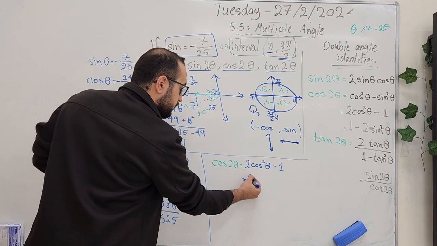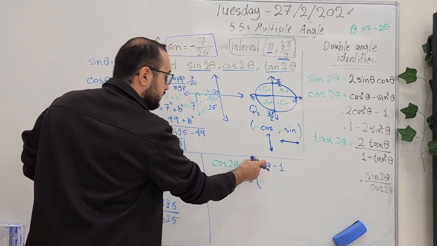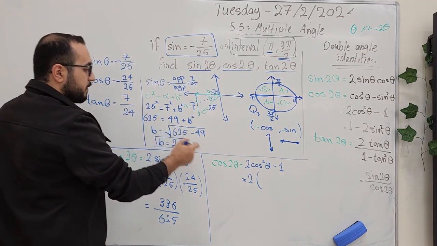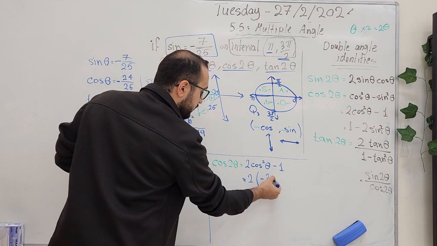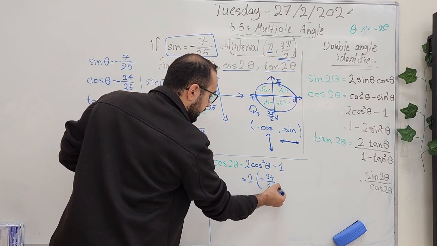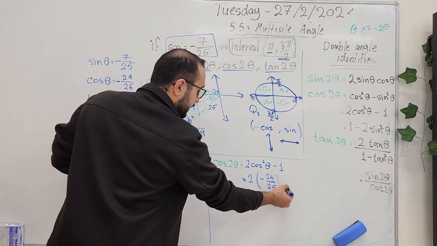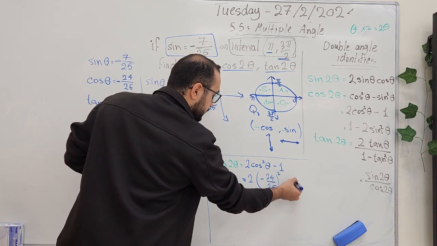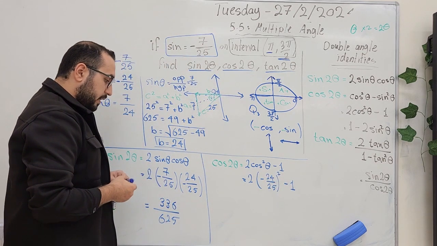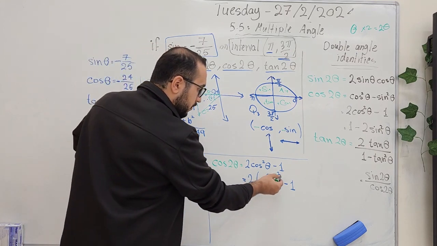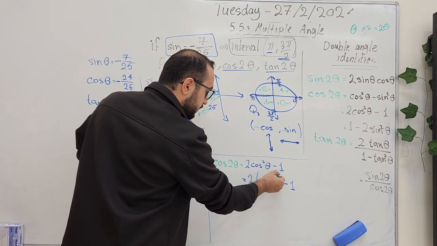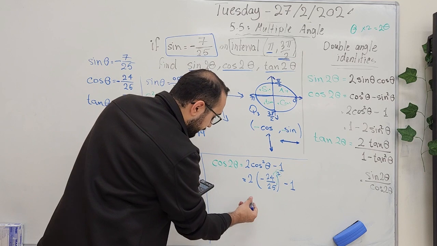So now 2 times cosine squared. Cosine is given, negative 24 over 25, squared, minus 1. If you use the calculator here, but I will just show you, distribute the 2 for 24 and 25.